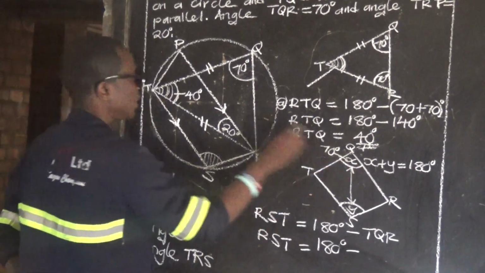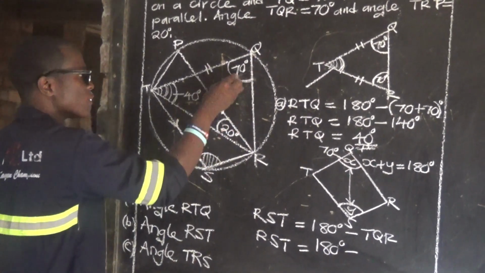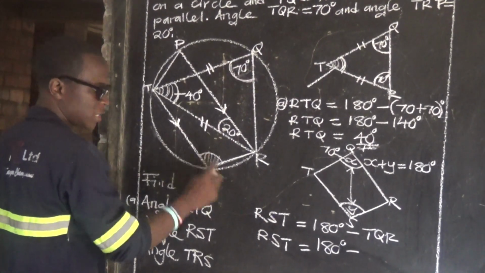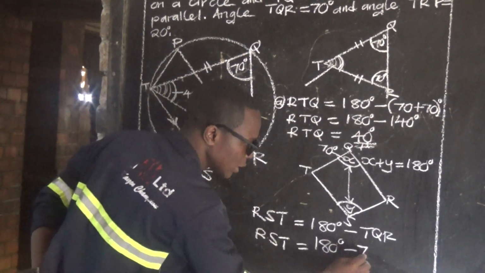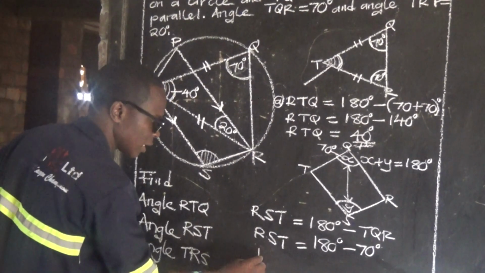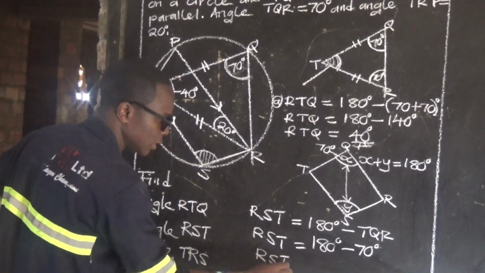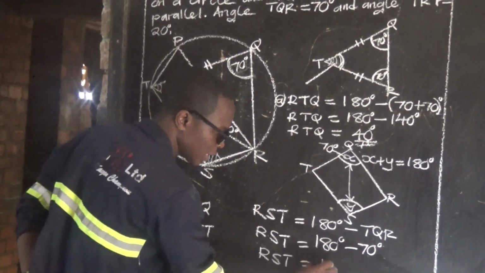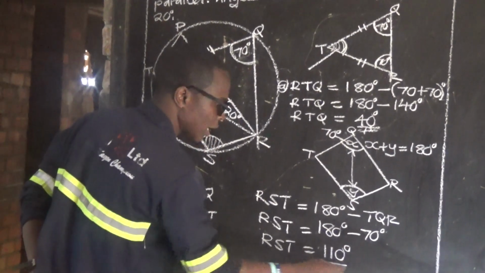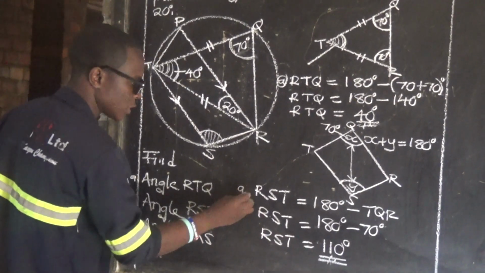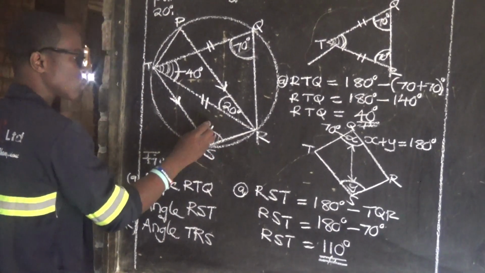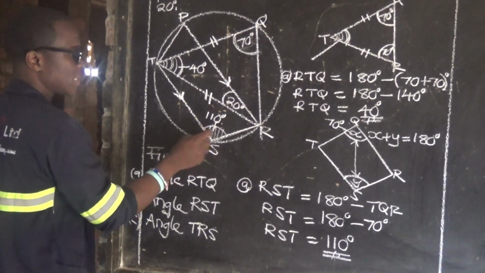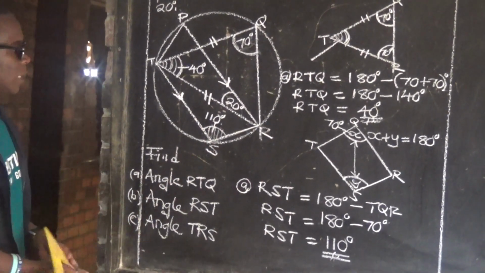This angle TQR is 70. So 180 minus 70, you get this angle. This is the angle we want. So RST is equal to 180 minus 70, to get 110 degrees as the answer for question B. So guys, this angle is 110 degrees. Okay? That's the whole answer.